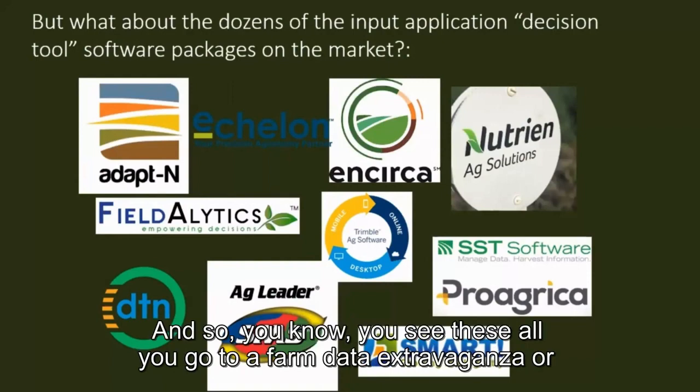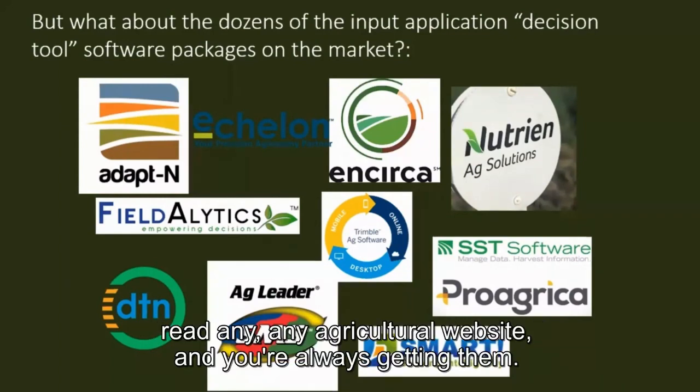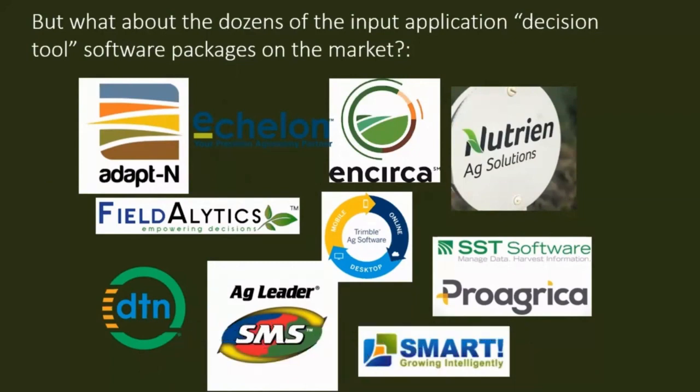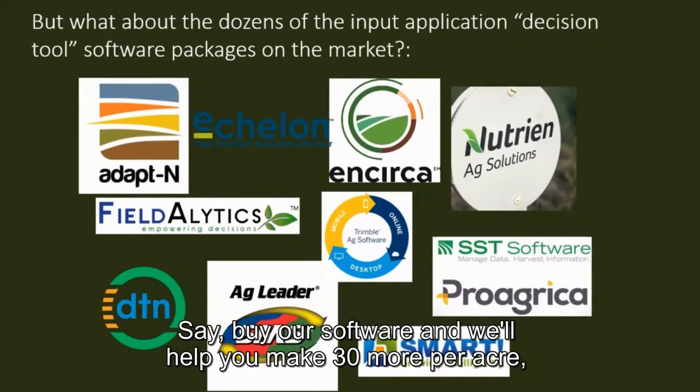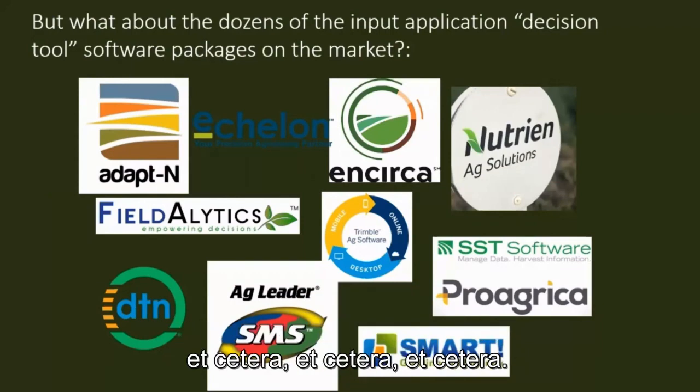You go to a farm data extravaganza or read any agricultural website, and you're always getting them say, buy our software and we'll help you make $30 more per acre, et cetera, et cetera.